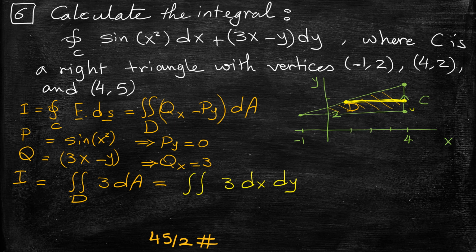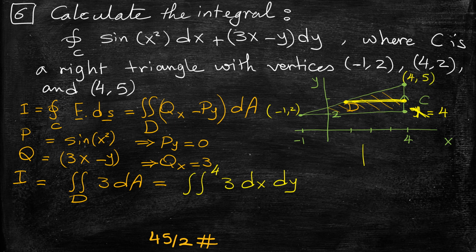This line here is x equal to 4, this is the end one. The other line is between (-1, 2) and (4, 5).